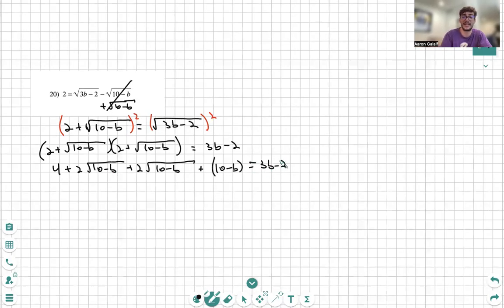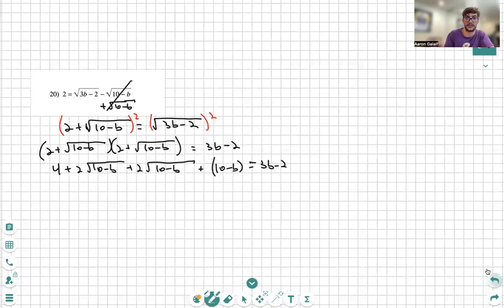Well, what we can see here is we have another square root. So we're going to combine like terms and get that square root by itself, just like what we've been doing already, just again. In this type of question, we have to do it twice. So here we go. We're going to combine like terms. We see that the 4 and the 10 will combine.